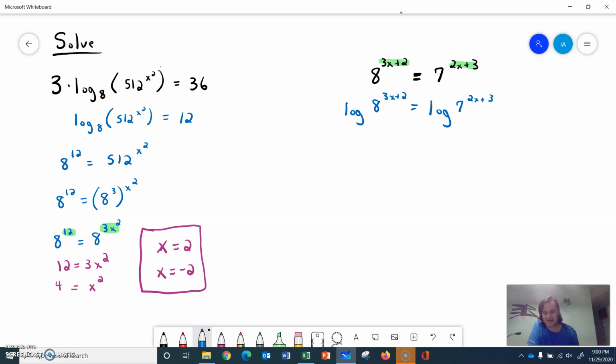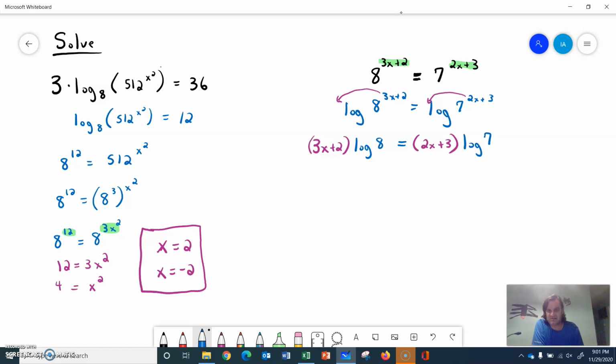Now the exponent property will let us pull these exponents out front. It'll be 3x plus 2 times the log of 8, equal to 2x plus 3 times the log of 7.